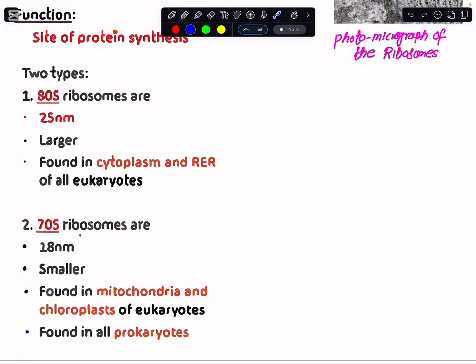And you see that these 70S ribosomes, compared to the large ribosome, are again smaller in size, and this is 18 nanometers. Where they are found: all of the bacteria, the kingdom Prokaryota that includes all the bacteria, have these ribosomes.